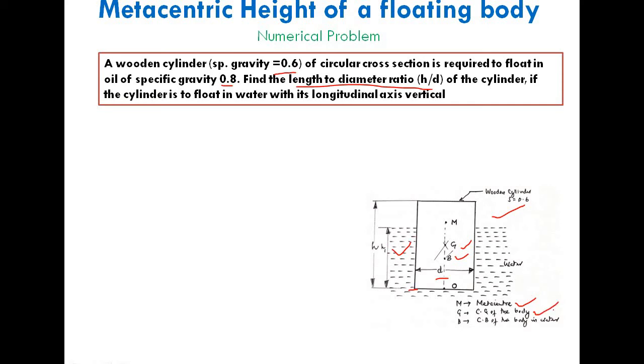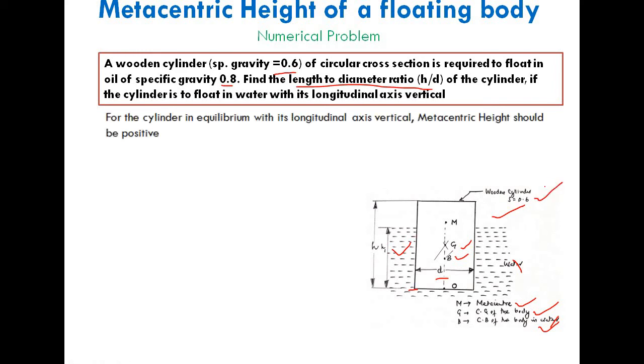G is the center of gravity of the body, and B is the center of buoyancy of the body in water. There is a small correction: it is not water, it is oil, of specific gravity 0.8, and it is a wooden cylinder of specific gravity 0.6. So for the cylinder in equilibrium, the metacentric height should be positive.